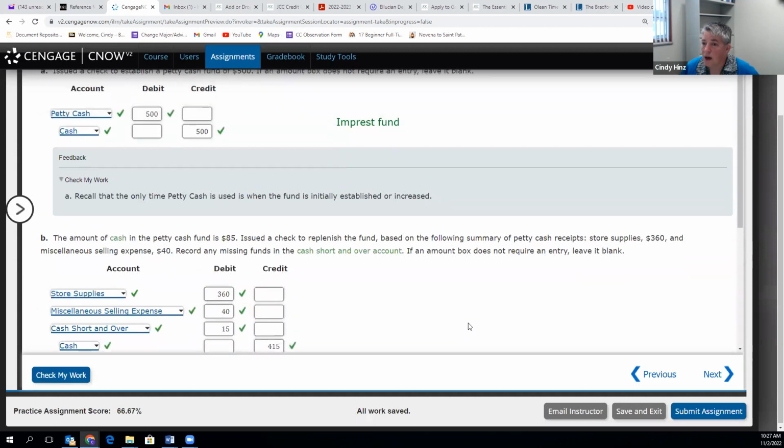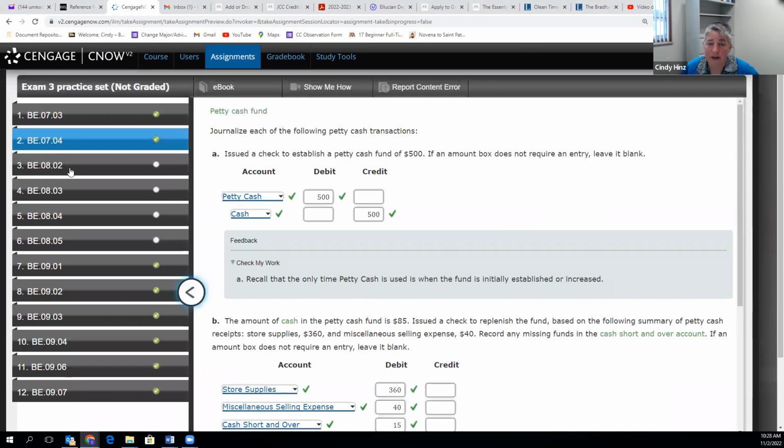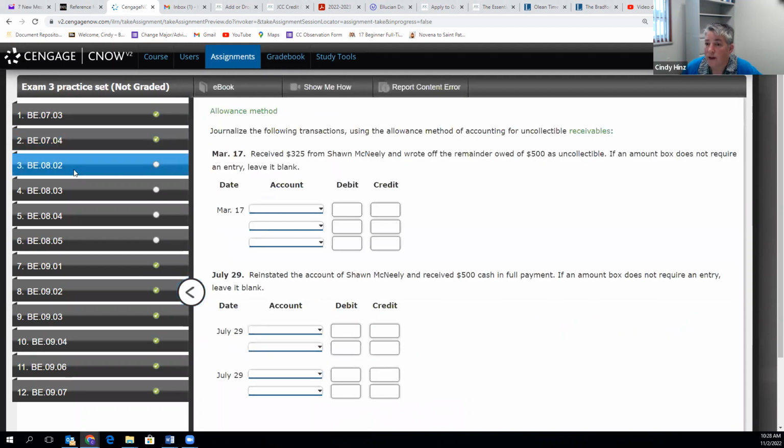So we have just a couple minutes left in our assigned time for this review session. With those couple minutes, let me just take a look at what we have, and you guys who are here live, if there are any of these exercises that you really think would be more beneficial, let me know. So all of the Chapter 8 exercises are related to the allowance method.